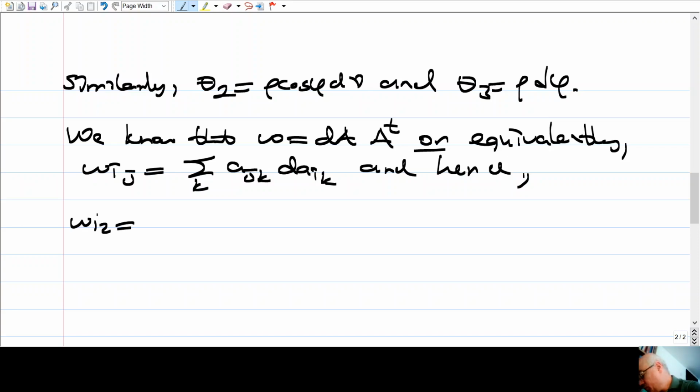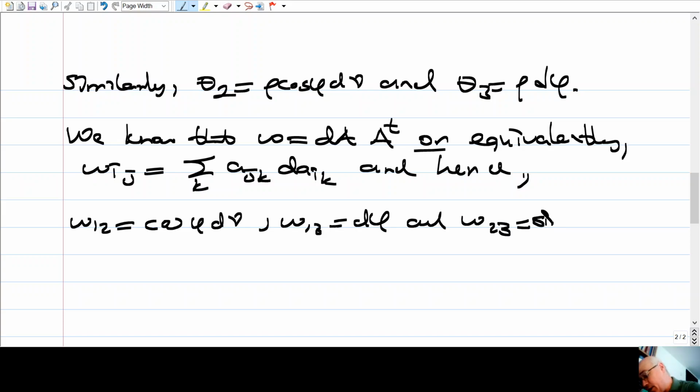omega 1 1 is just 0 because this is a skew symmetric matrix, so the diagonal term is 0. Omega 1 2 is just cosine phi d nu. Omega 1 3 is just d phi, and omega 2 3 is sine phi d nu.